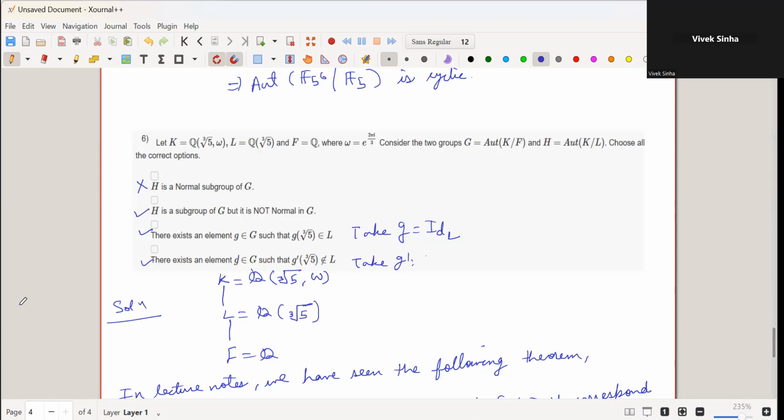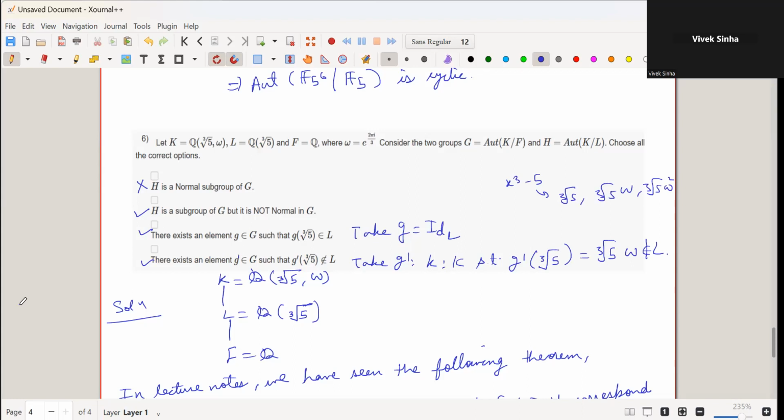So one can take g prime, which is a map from K to K, right? So inside G means it's an automorphism from K to K such that g prime of cube root of 5 is cube root of 5 times omega, which is not inside L. Cube root of 5 satisfies x cube minus 5, and it has roots cube root of 5, cube root of 5 times omega, and cube root of 5 times omega square, right?